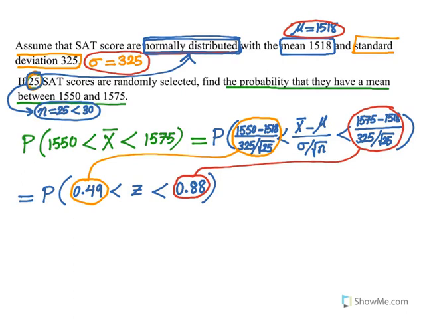So now we know that the probability that a Z score falls between two numbers is the probability that Z is less than the bigger number, 0.88, minus the probability that Z is less than the smaller number, 0.49. And now we go to the Z table to find these values.